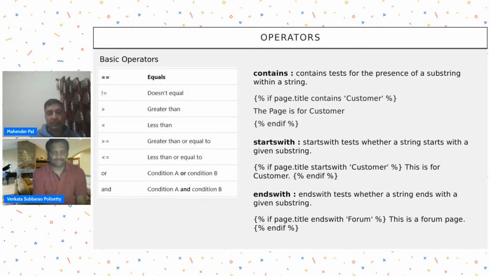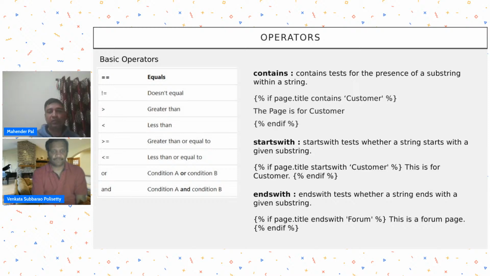Then we have operators like starts with, if you want to check whether a particular line starts with a particular character, or ends with particular characters. Those can be used here in liquid, and we can have different use cases.